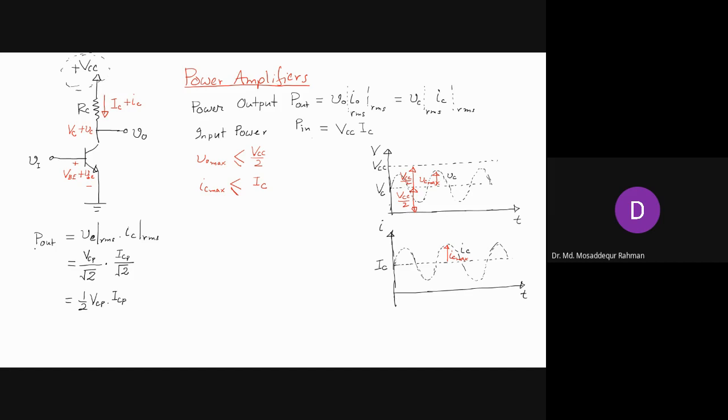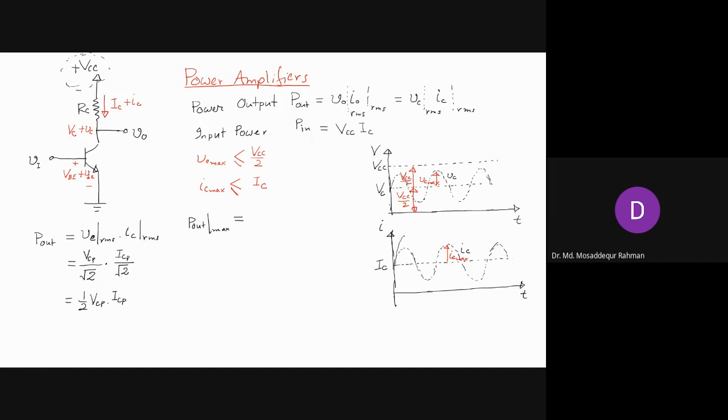Now P out, what is the maximum output power we can have for this amplifier? Sir, I'm having a little confusion with the IC max expression. Wasn't it supposed to be greater than or equal to IC?